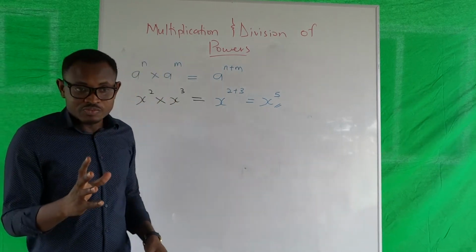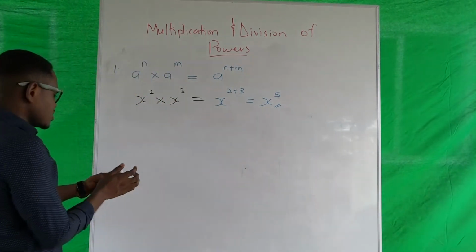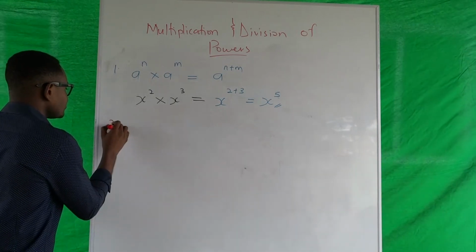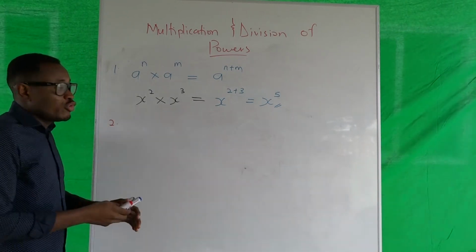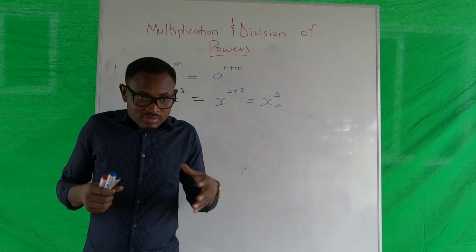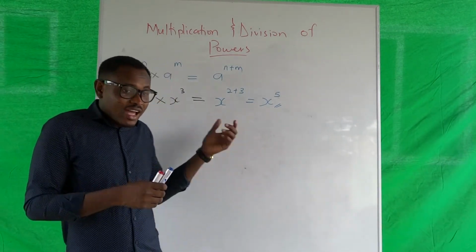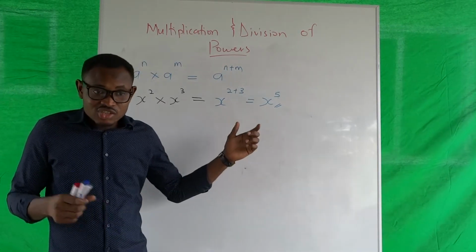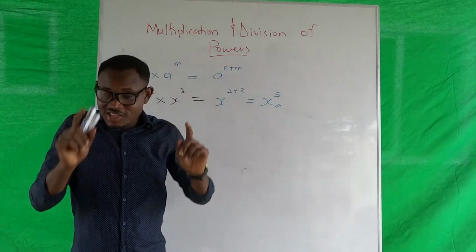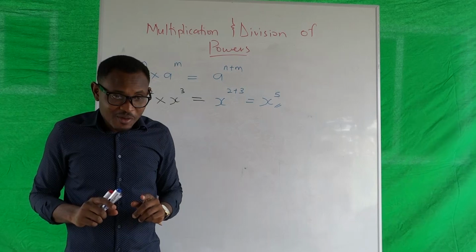Rule number two states that if you are dividing and the terms have the same base, you subtract the exponents, or the powers.